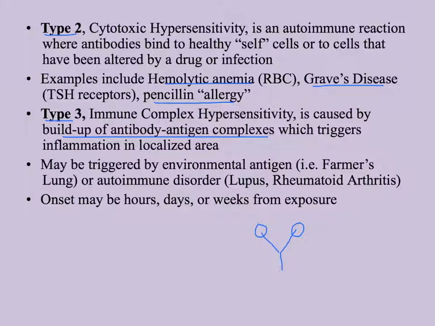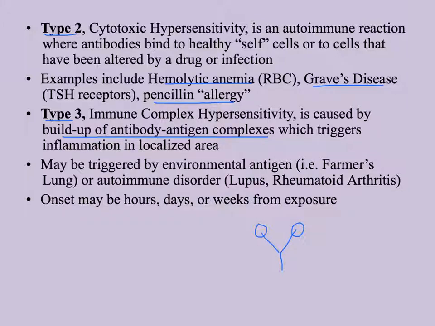So because of that, you can end up having sort of these collections of antibodies and antigens all connected together, which are important because the bigger blobs are easier for the macrophages to eat. But if it's a tiny blob, and so it's got a few antibodies and antigens connected together, but it's not really enough to be picked up by the macrophages, then these little complexes can travel through the body and cause problems.